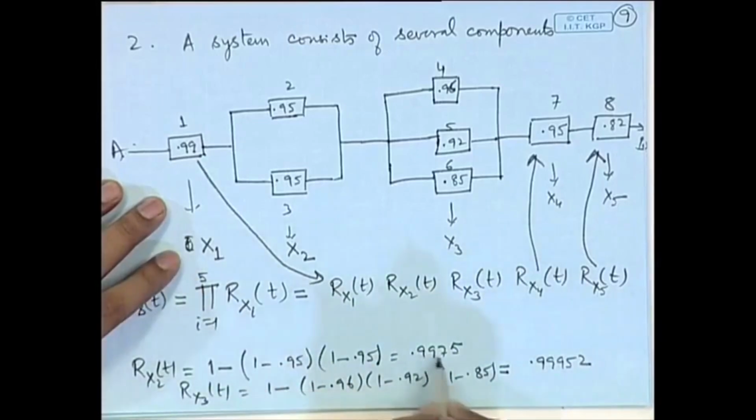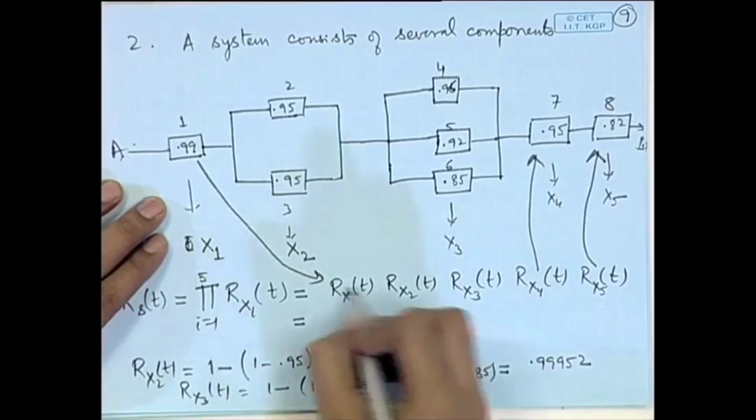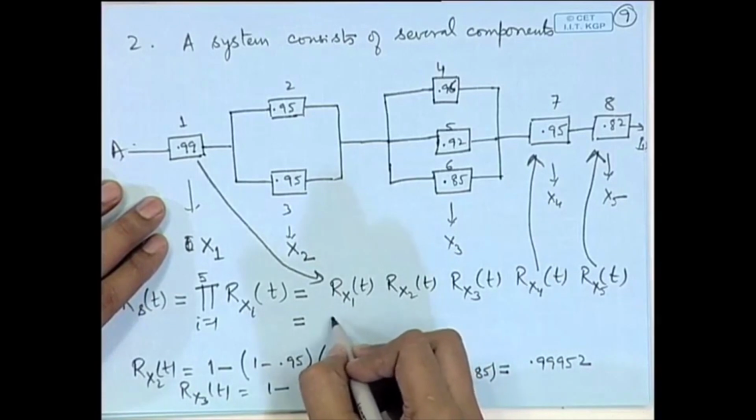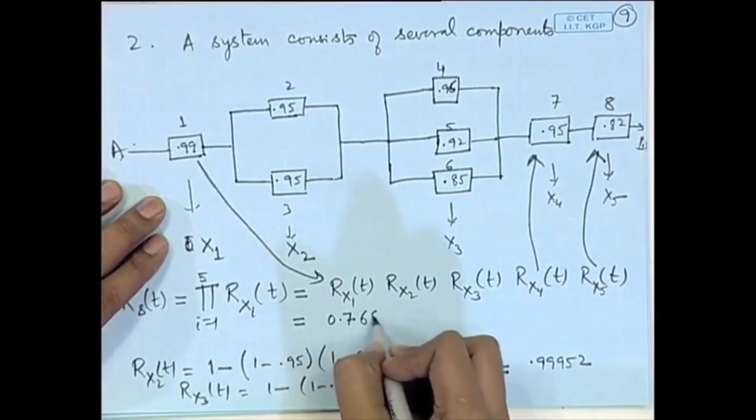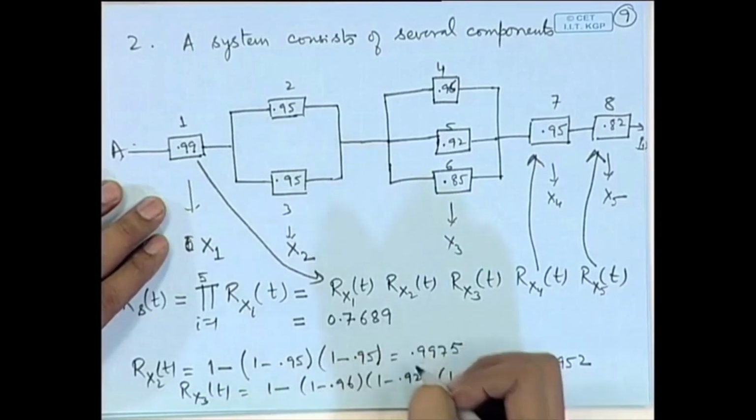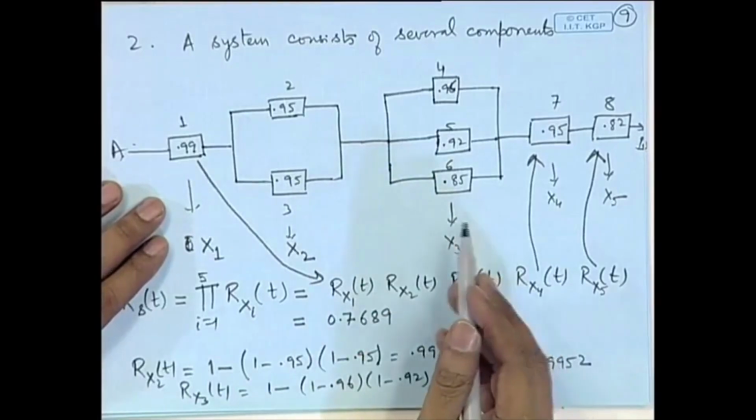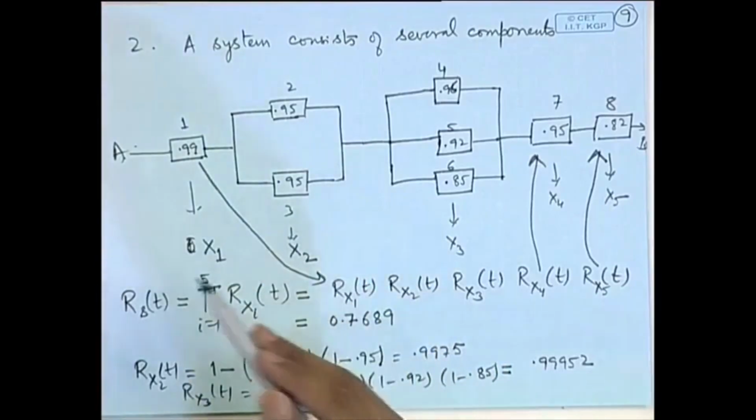If we substitute these values in this formula, we get 0.7689. This shows that the reliability of a complex system can be calculated by using the formulas for the reliabilities of the individual systems which are connected either in parallel or in series form.